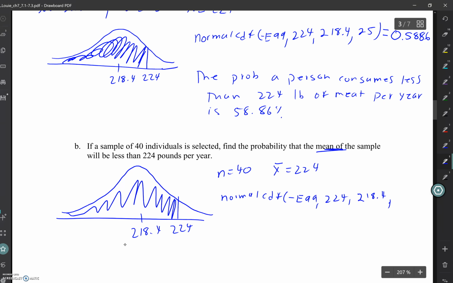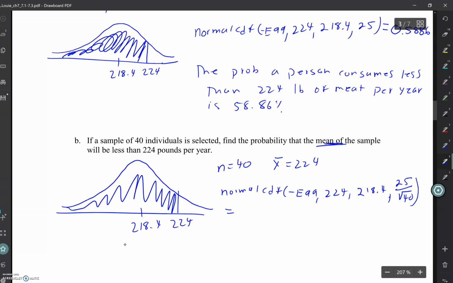Where I'm going to say, okay, my given standard deviation of 25, and I need to divide it by the square root of 40 now. Otherwise, I'm going to get a completely different answer. So what does this version give us? Let's see.